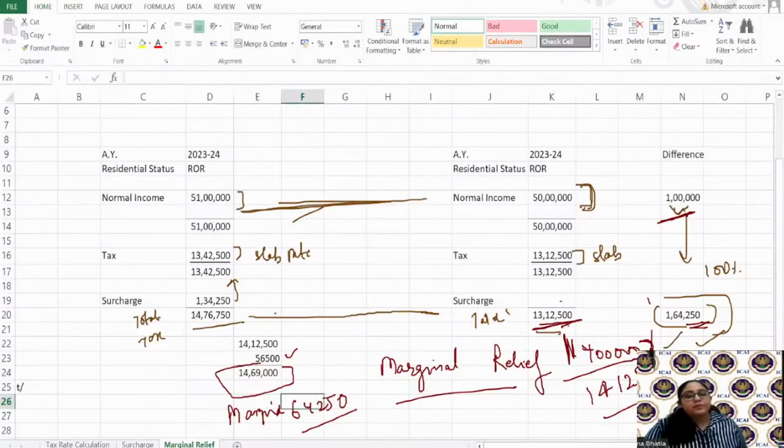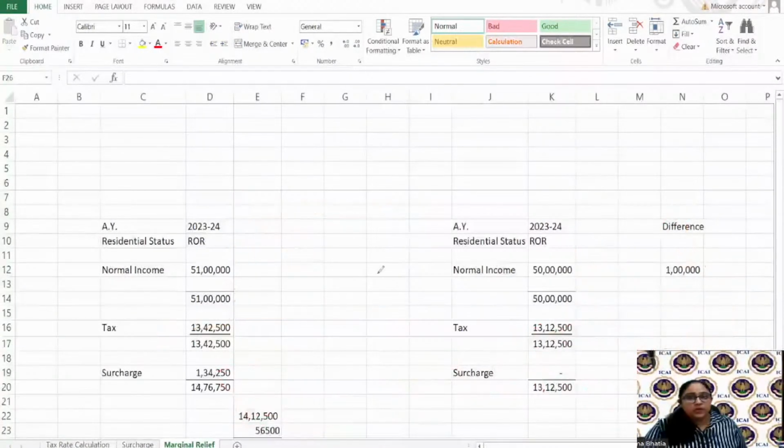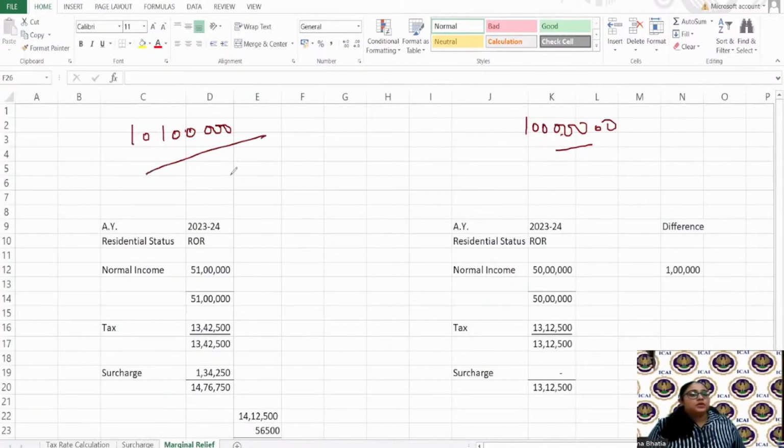On 1 crore 1 lakh you have to calculate the marginal relief. The interesting part would be, on 1 crore you will calculate the tax. On 1 crore 1 lakh you will calculate the tax. Okay, on this you will calculate the tax plus surcharge.